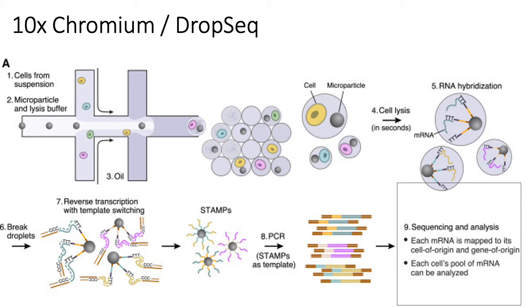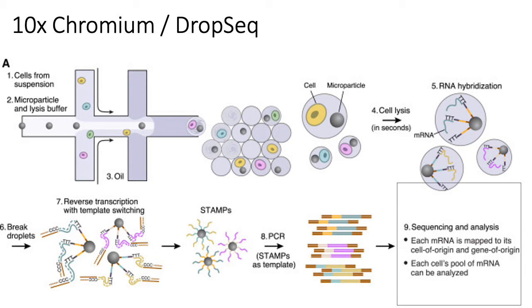So the 10x Chromium approach is called the 3' tagging approach because these essentially full-length cDNAs are sequenced using, for example, paired-end short read sequencing. And so what happens is that on one end, you're going to sequence some barcodes that tell you the cell of origin. And on the other end, you're going to sequence part of the 3' end of the transcript.